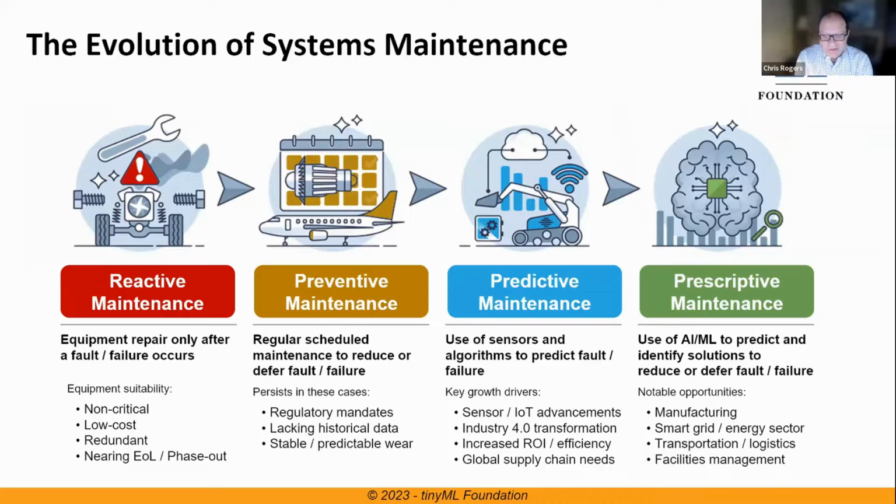The next phase is sort of the traditional approach we call preventive maintenance. This is your classic, the old adage of with your car with oil changes, every 3,000 or 5,000 miles, get your oil and filter changed, right?